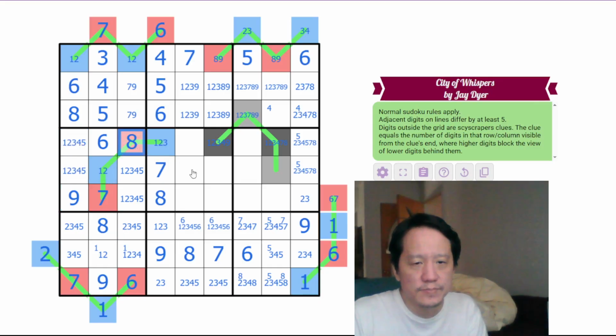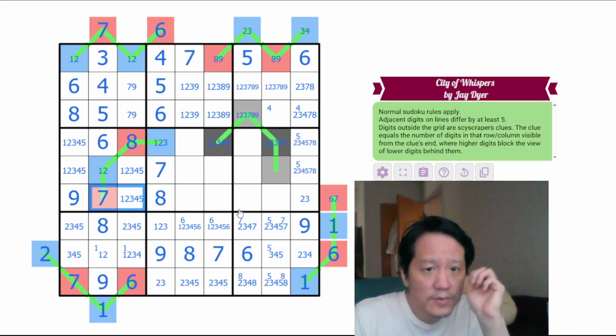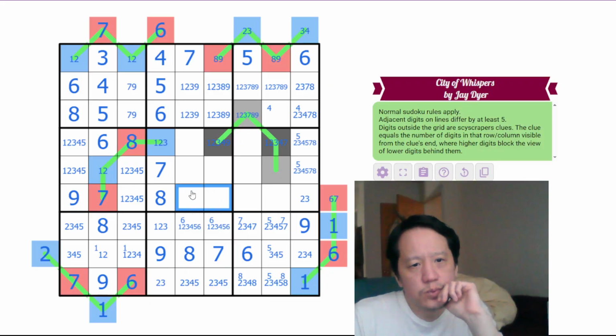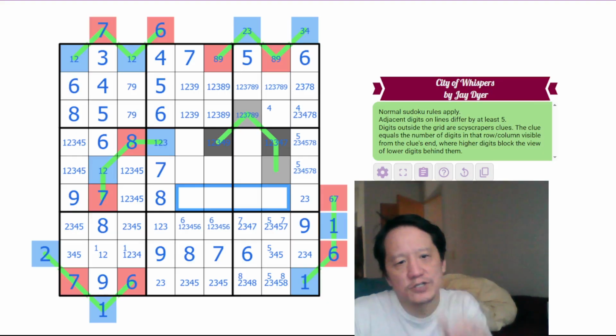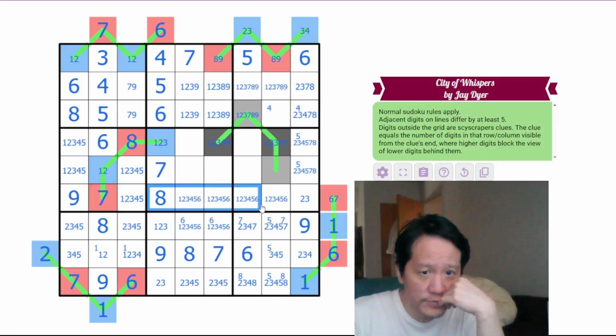Okay. That means if this is high, it cannot be 8. 7 can't be seen, so this does not see either of these cells. Remaining digits in row 6 are 1 through 6.